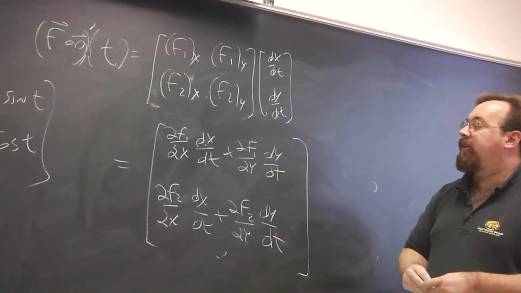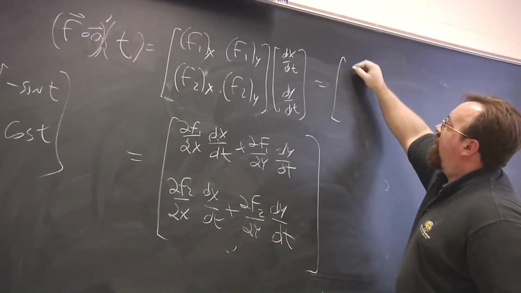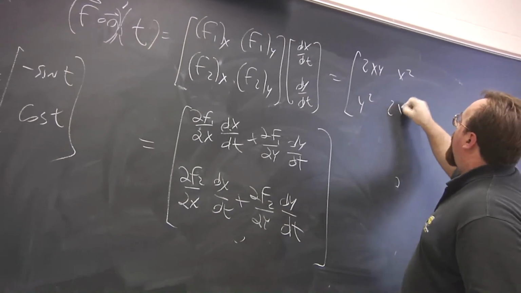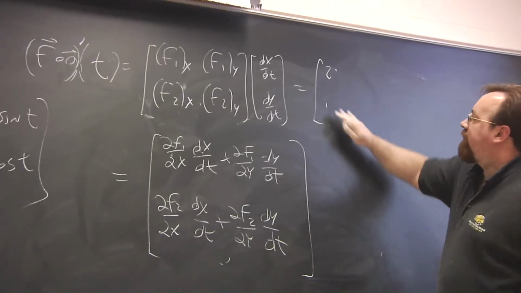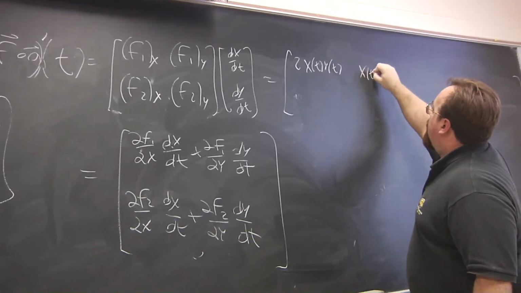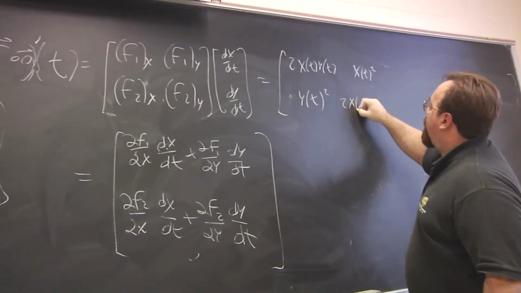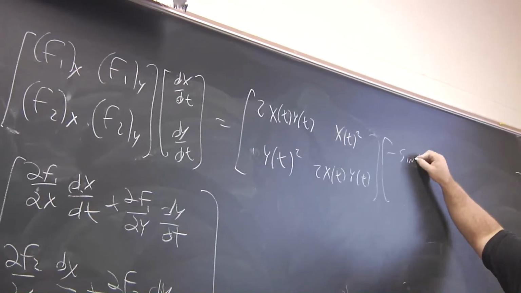So now we can go ahead and compute that with these partial derivatives, because what we have here is 2xy, x squared, y squared, 2xy, but they're evaluated at, actually let me fill in that this is a function of t: 2x(t)y(t), x(t) squared, y(t) squared, 2x(t)y(t), times the derivative of g, minus sine, cosine.